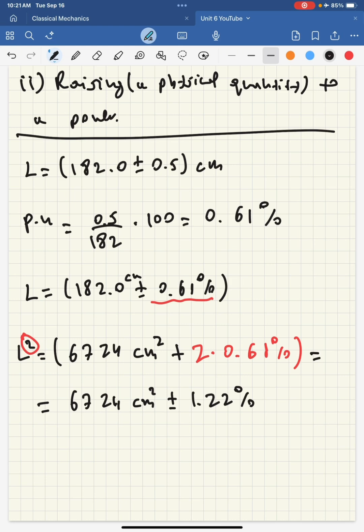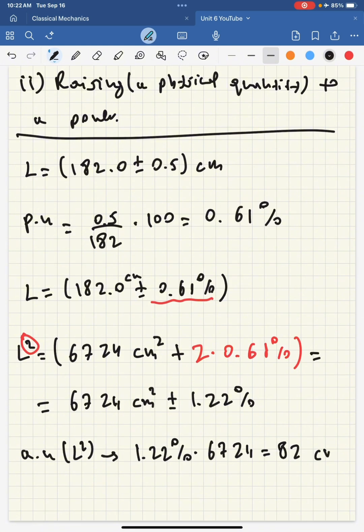To find the absolute uncertainty in L squared, you multiply 1.22% times 6724, and this gives you 82 square centimeters. So L squared is also 6724 square centimeters plus or minus 82 square centimeters.